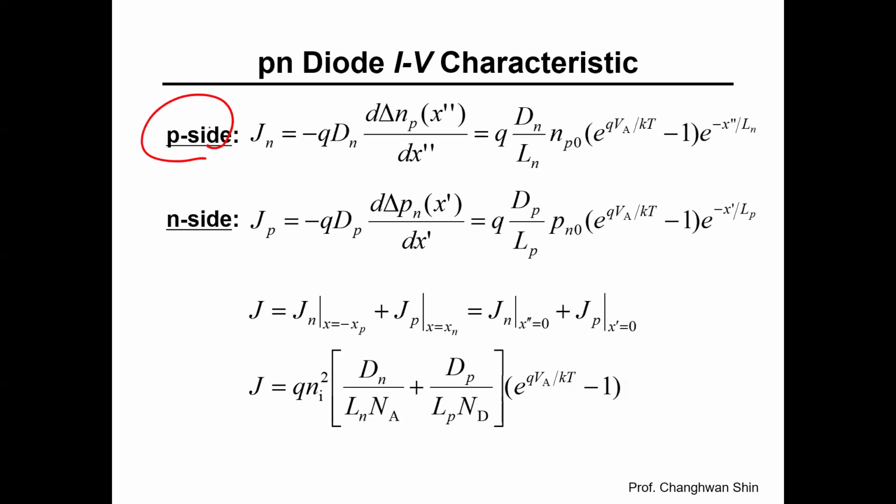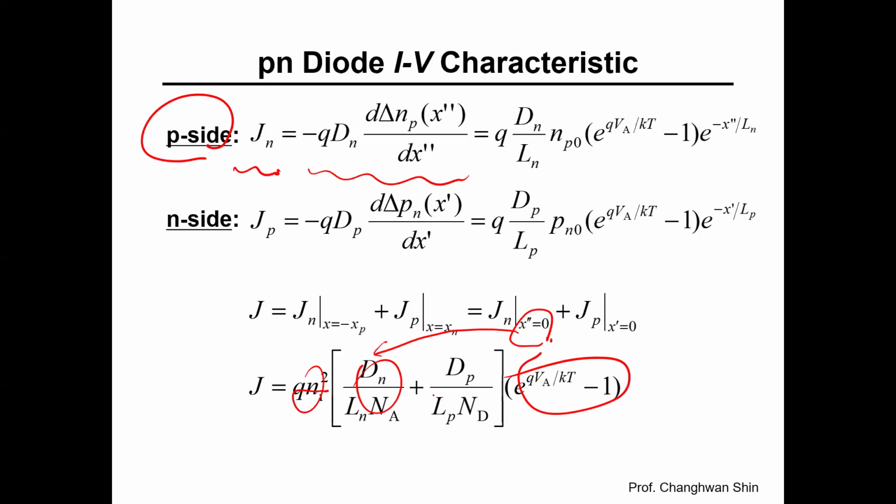On the p side, the electron diffusion current at x2' equals 0, the p side depletion region edge, becomes J_n at x2' equals 0, which corresponds to this part. Similarly, you can do that for the n side.